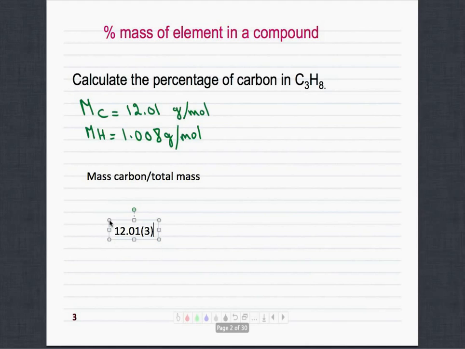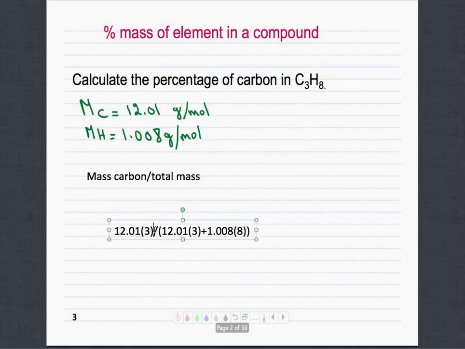So it's 3 times 12.01 grams per mole, over 3 times 12.01 grams per mole, plus 8 times the molar mass of hydrogen, 1.008 grams per mole, multiplied by 100.